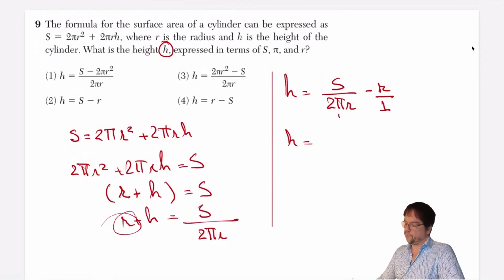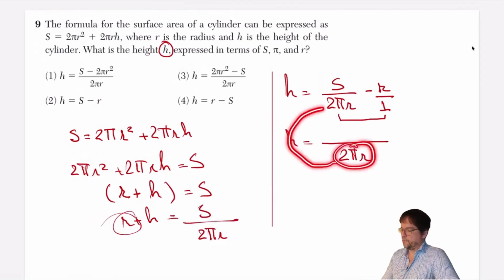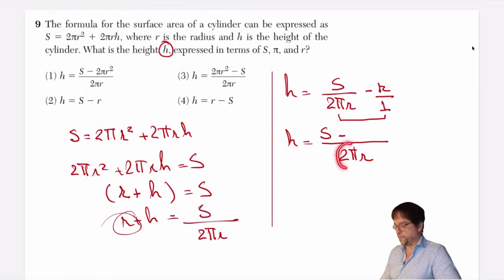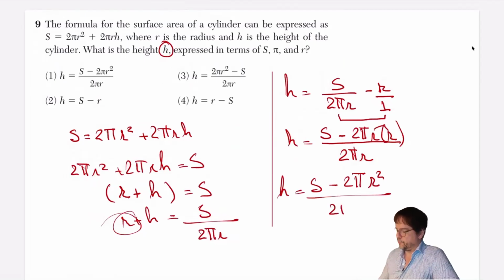So 2πr and 1, the least common multiple is 2πr. 2πr divided by 2πr is 1 times S is S. Minus, I put here, that is 2πr divided by 1 is 2πr times r, finally will be S minus 2πr squared divided by 2πr.